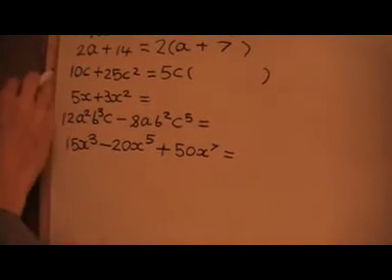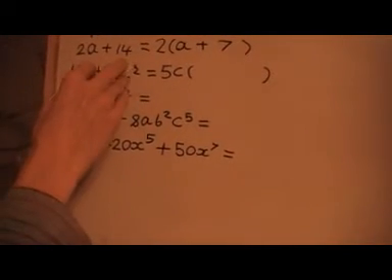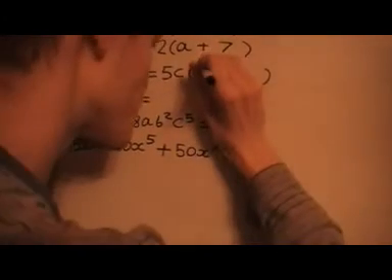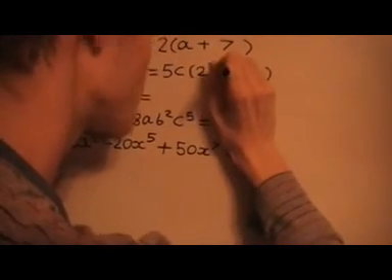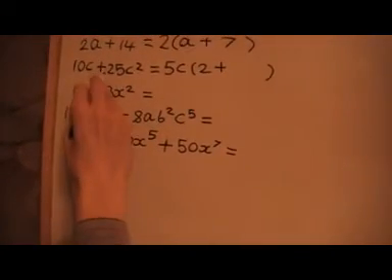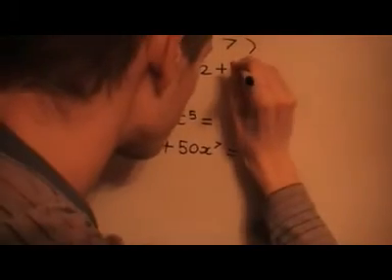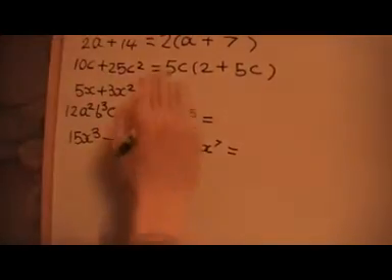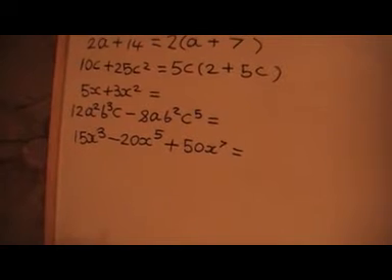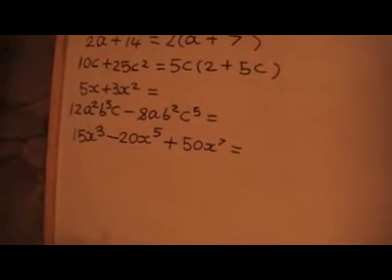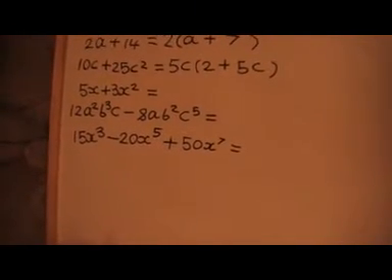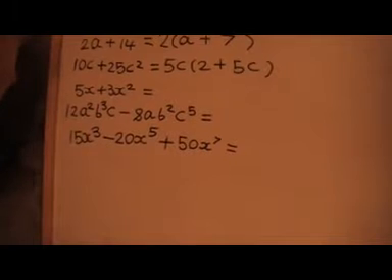To get 10c, I need to multiply 5c by 2, so I'm going to put a 2 here. And to get 25c squared, I need to multiply 5c by another 5c, so I'm going to put 5c there. We can check again, but I'm not going to do that anymore because I showed you how to do it last video and it's quite easy.